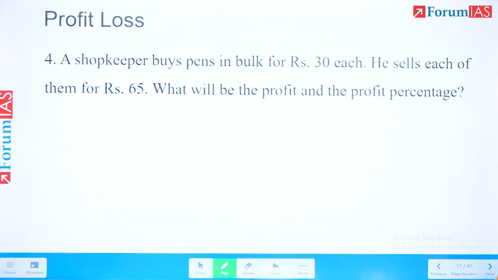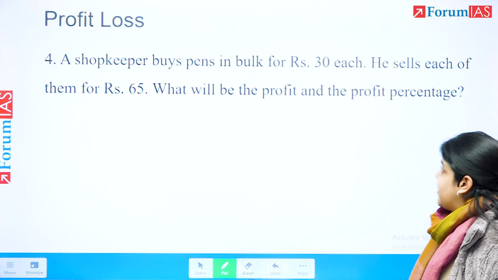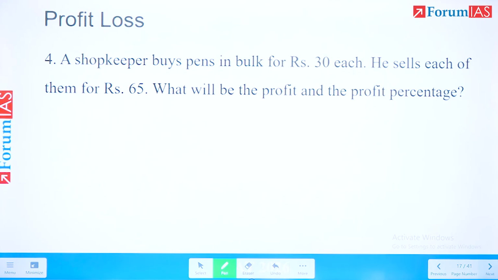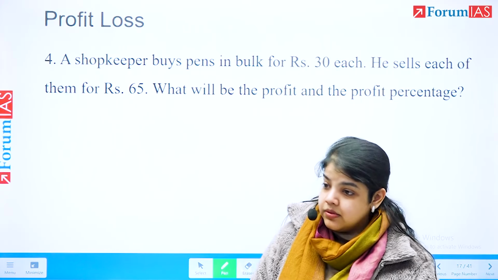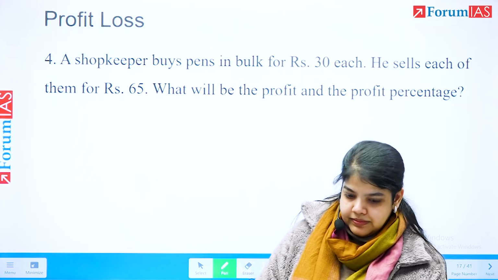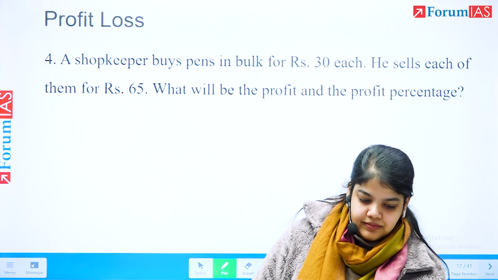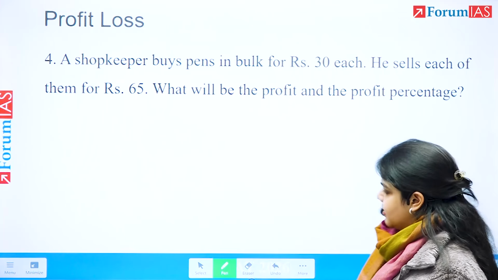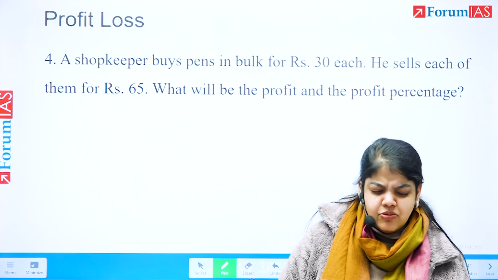Theek hai na? Then a shopkeeper buys pens in bulk for rupees 30 each, and he sells them each for rupees 65. What is the profit as well as the profit percentage? Haan, matlab more than 100%.